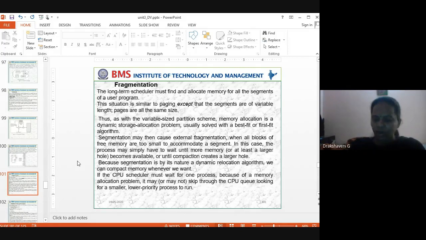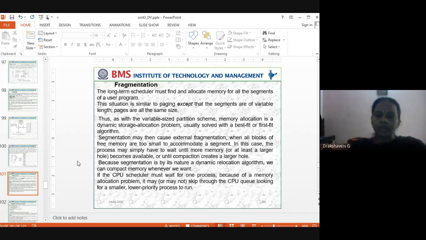Next we move on to fragmentation. So what do we mean by fragmentation? The CPU scheduler must find and allocate memory for all the segments of the user. This situation is similar to paging, except that segments are of variable length while pages are all of the same size.